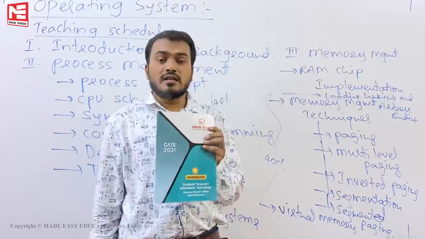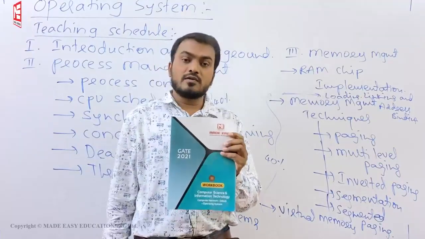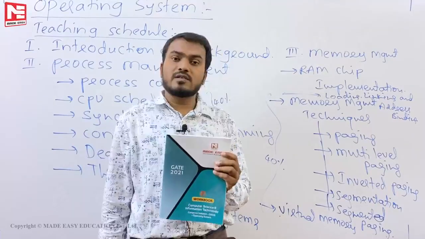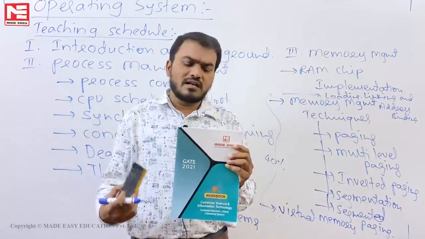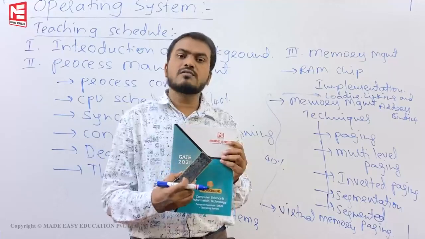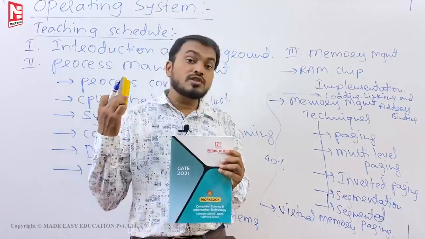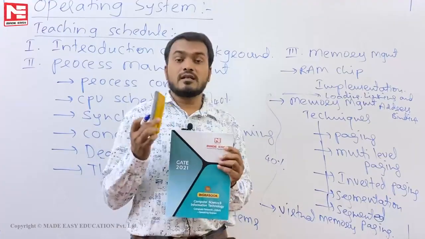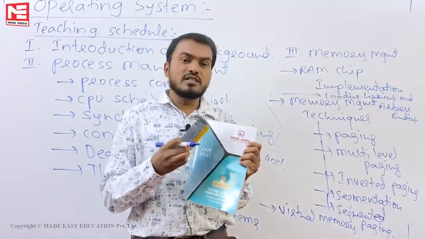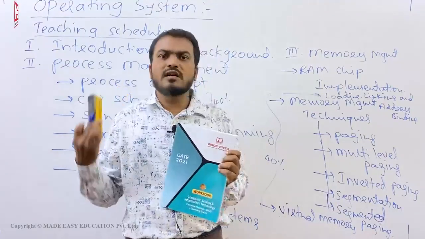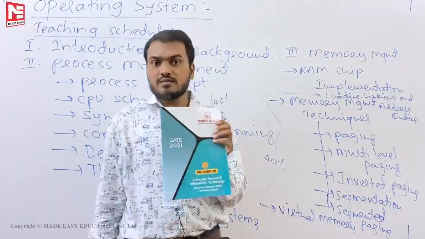You need to carry this workbook along with you when you are attending the class, because in between, whenever I discuss, I will directly solve the questions from the workbook. I will not write the question on the board. I will simply say go to this page number and we are going to discuss that particular question. I will solve the question directly. So carry this workbook.